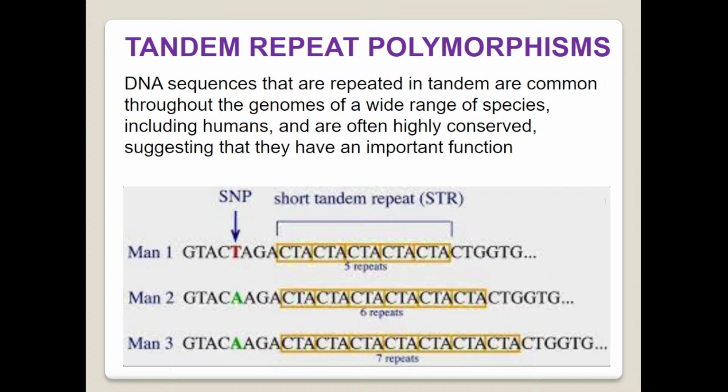In the left part of our slide you can see an SNP. Here only one nucleotide changes in two cases, man 1 compared to man 2 and man 3. But this is enough to make a small difference in the function of proteins or enzymes.